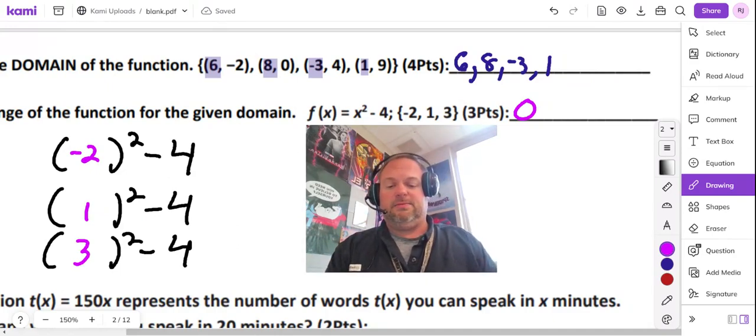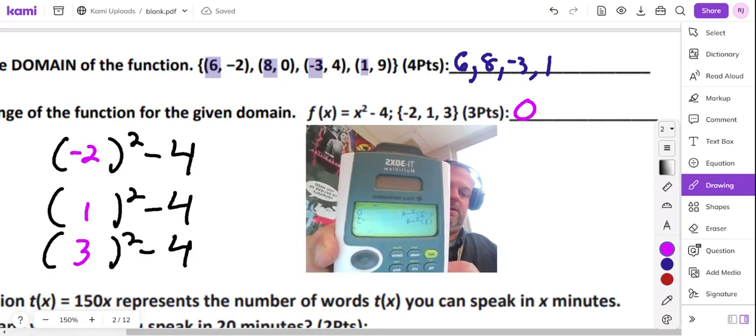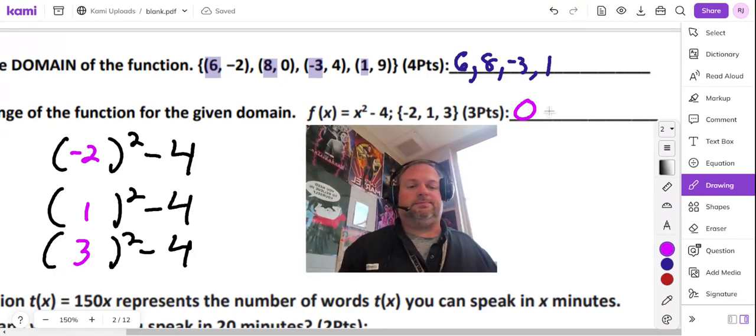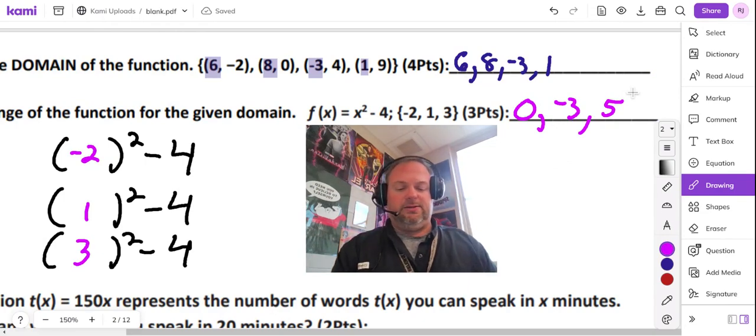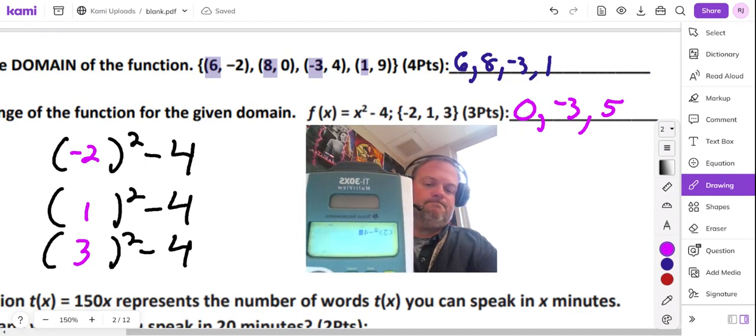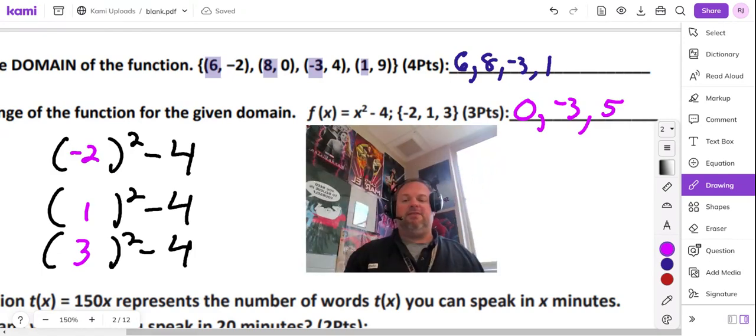It's 1 squared minus 4, which is -3. All right, and this one should be 5, but just to double check, there we go, 5. So that's it.